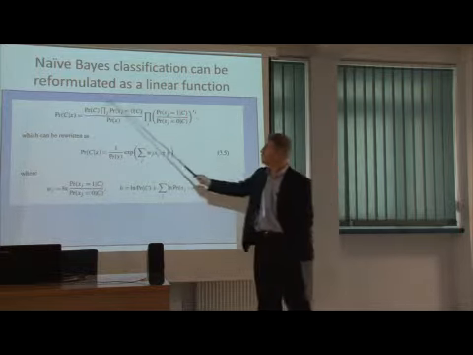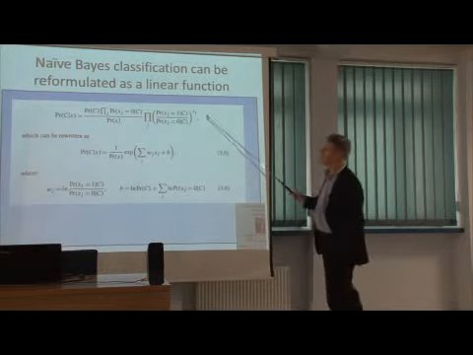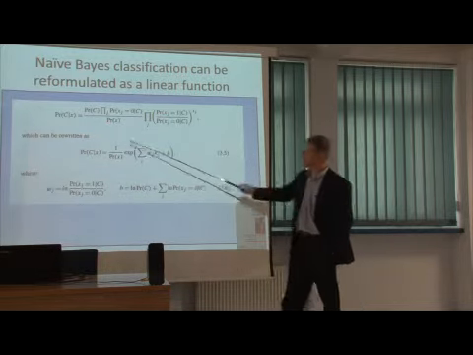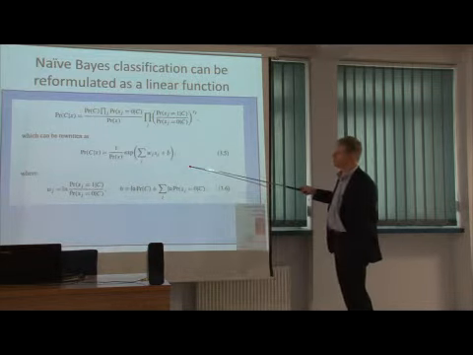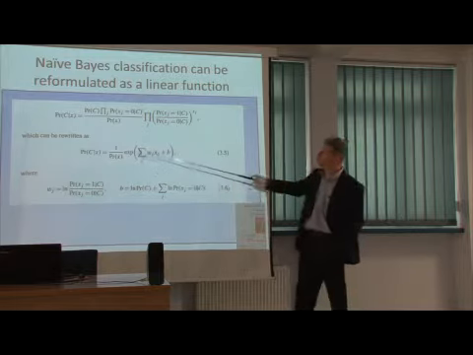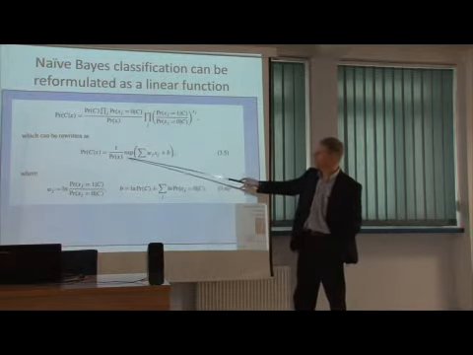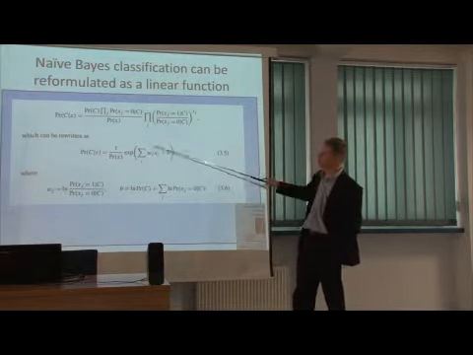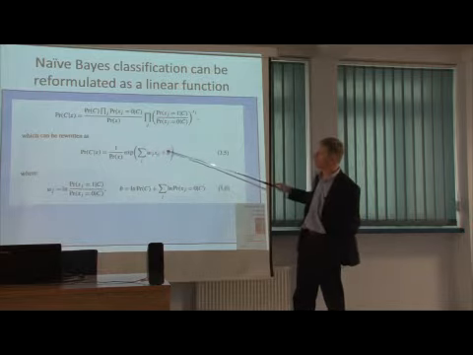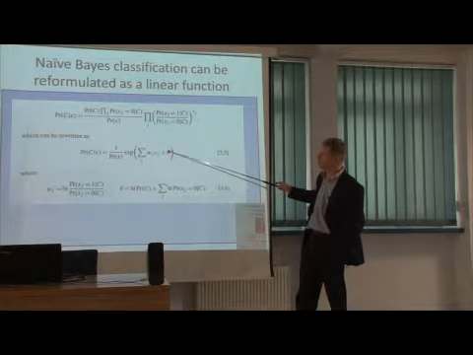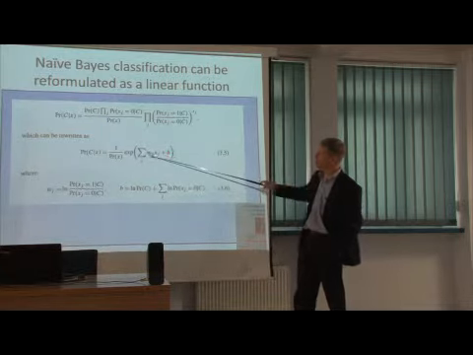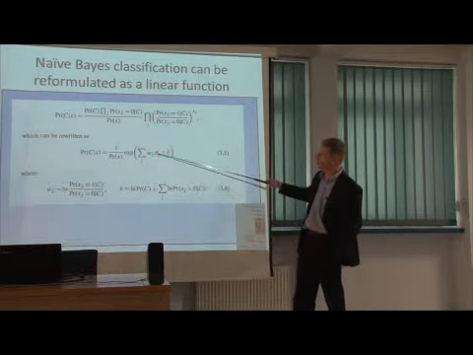Now, by taking the logarithms of this, we can transform this expression into this kind of expression. So 1 over probability of x, and here we have essentially a linear function. This is the bias that we have seen in the method for named entity recognition, and here we have the sum of weights.